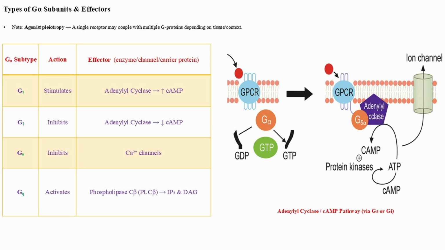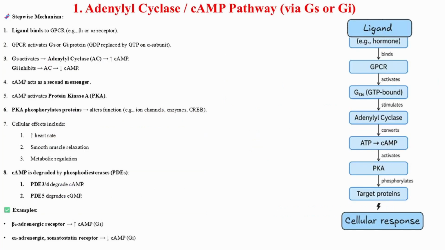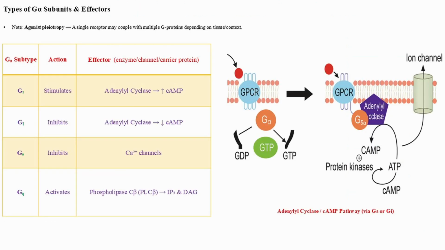So now let's break down the different G protein alpha subtypes, each one like a special command unit inside the cell. First one is Gs, the stimulator. Gs stimulates adenylyl cyclase, which leads to increased cAMP levels inside the cell, resulting in more energy signals, activation of PKA, and many downstream effects.